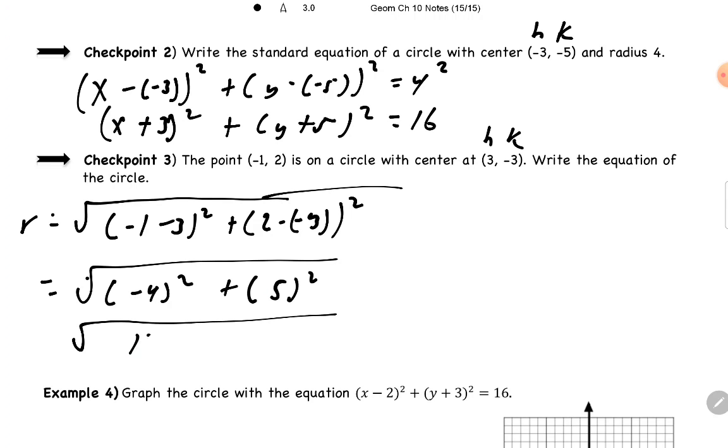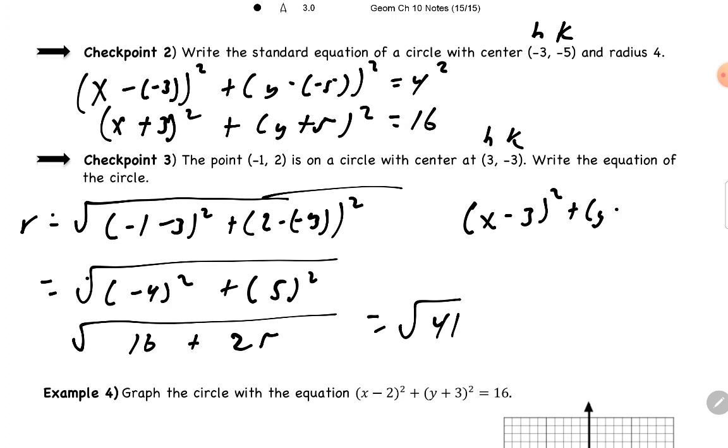So that'll give me 16 plus 25, which is the square root of 41. So my formula is x minus 3 squared plus y plus 3 squared equals the square root of 41 squared, which is 41.